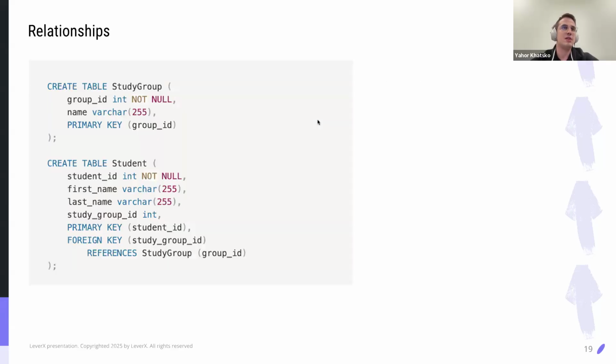The primary key of the study group is the group ID, but the student also has its own primary key. For linking those two tables, we have a foreign key called study group ID, which references the primary key of the study group.